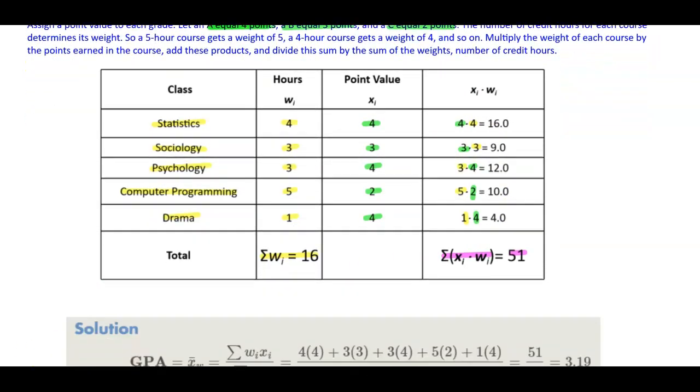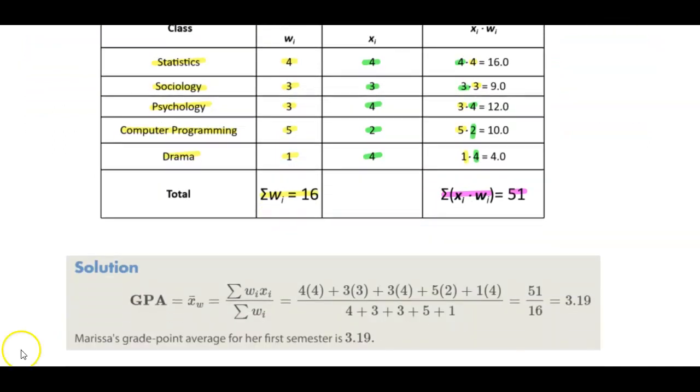So now what do we do? Here's the solution. To find the GPA, the weighted mean, we take the sum of the last column. Recall we have 4 times 4 plus 3 times 3 plus 3 times 4 plus 5 times 2 plus 1 times 4, which is what we get here.